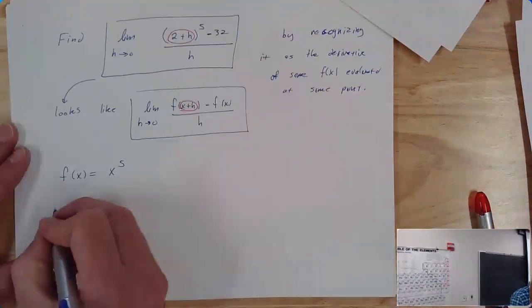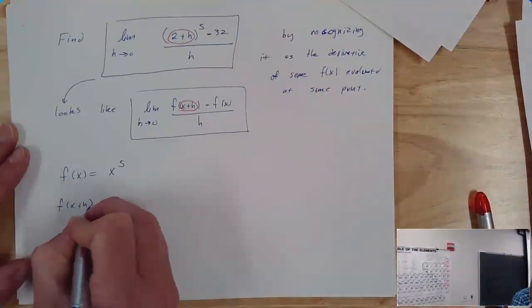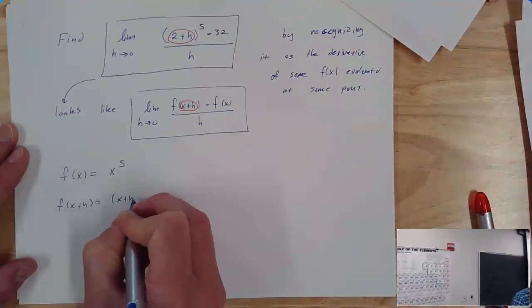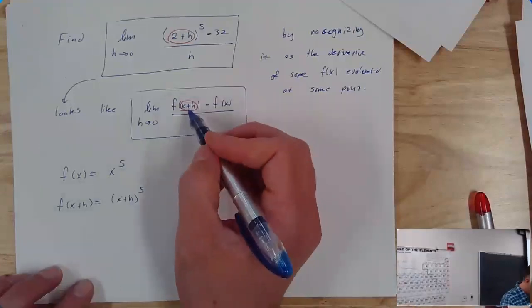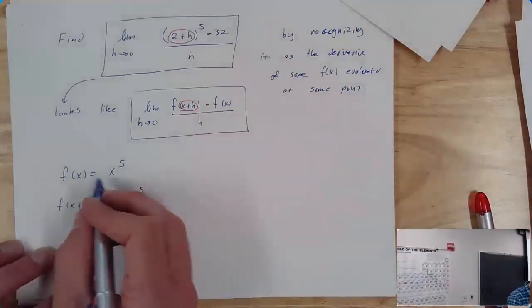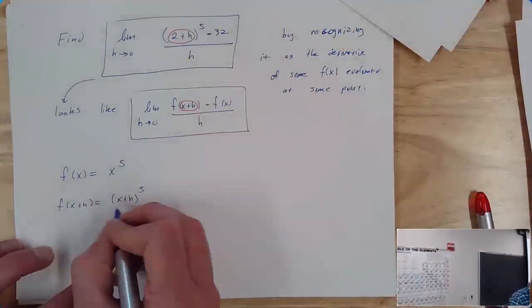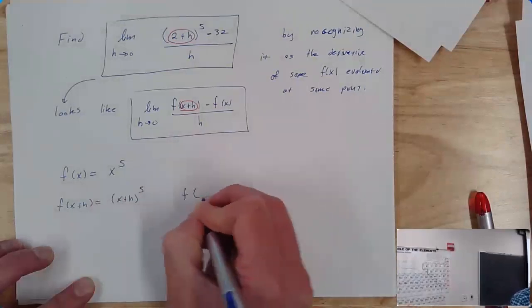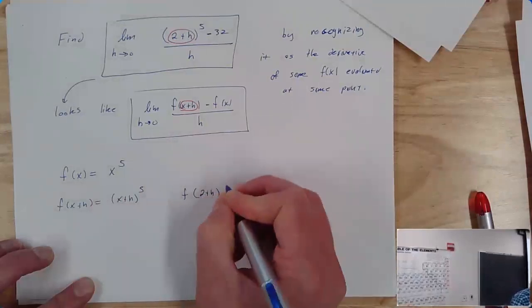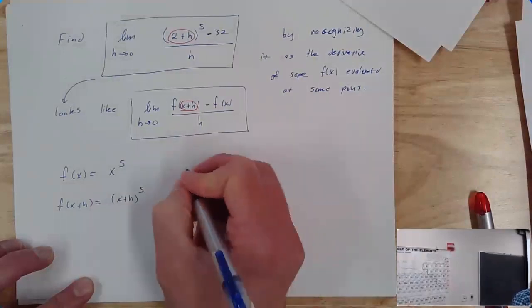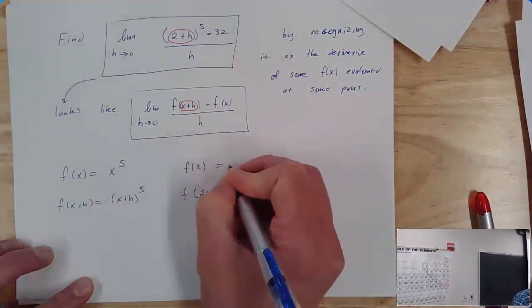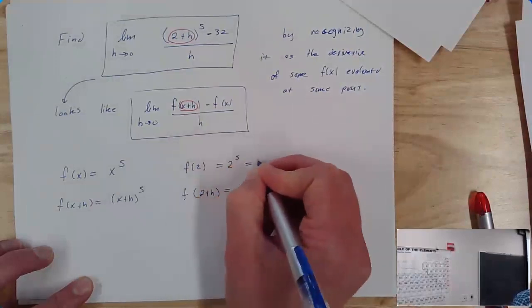What is x here? My x is 2, right? So I'm saying my x plus h is 2 plus h. So I really should say f of x is x to the 5th. f of x plus h is x plus h to the 5th. f of 2 plus h is 2 plus h to the 5th. And it definitely looks like f of 2 is 2 to the 5th, which is indeed 32.